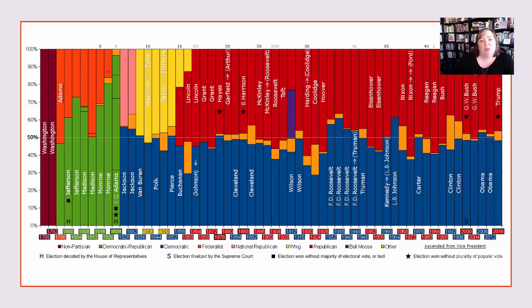And so this points to one of the things that can happen with the Electoral College, which is that you can become president with less than a majority of the vote. But it also shows us that, for example, in the 2016 election, neither Trump nor Clinton got a majority. Trump won, and there's a slight difference between how close to that 50% line his votes were versus Clinton's.